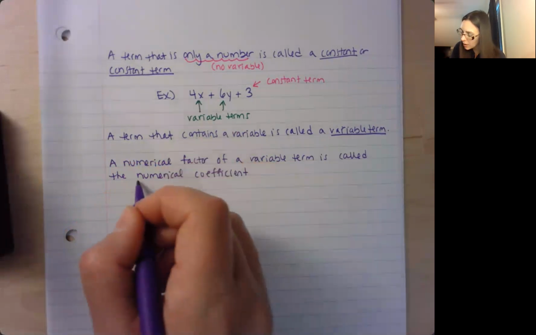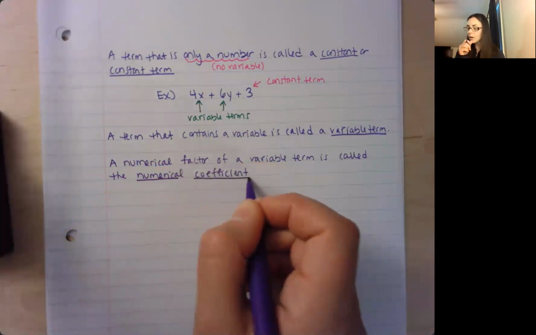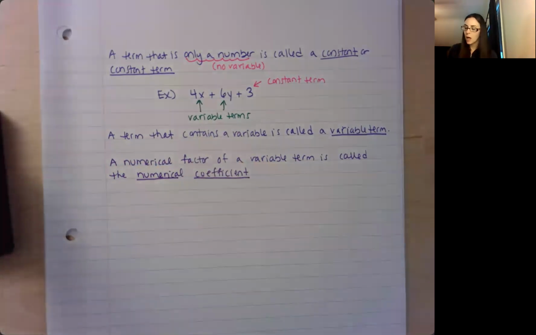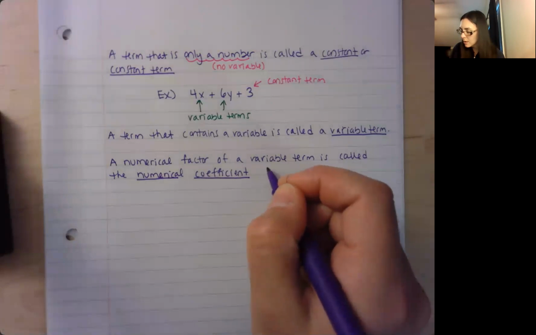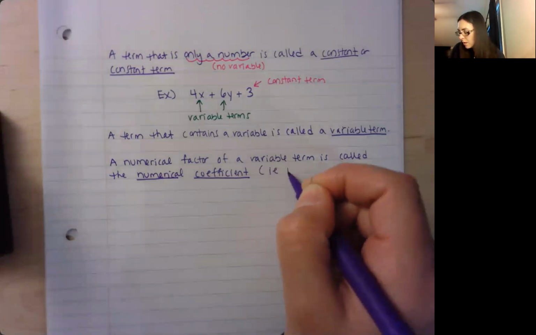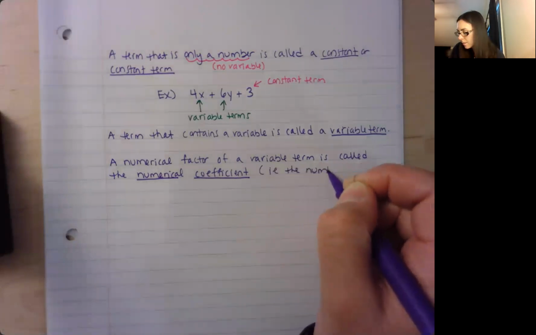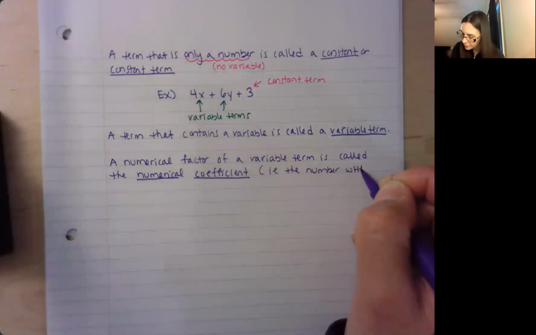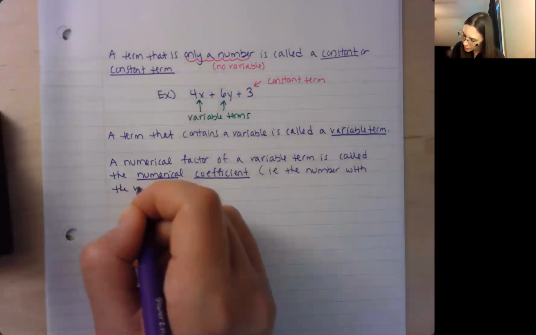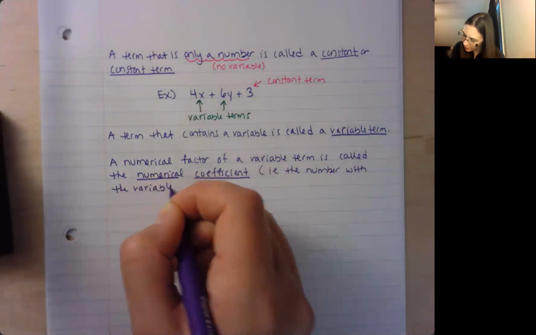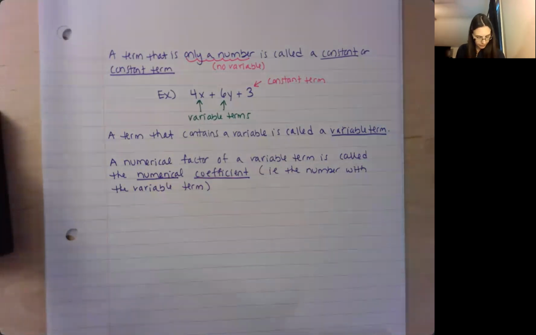Okay, another definition here is a numerical factor of a variable term is called the numerical coefficient. So this is, i.e., the number with the variable term. So that's all we're referring to. We say numerical coefficient. We're just saying what's the number with the variable term.